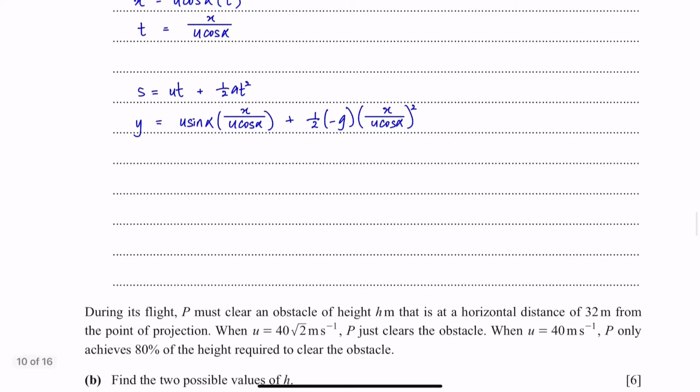And this can be simplified, so I can cancel the u, and sine over cos is tangent, so I have x tangent alpha minus gx squared over 2u squared cos squared alpha.